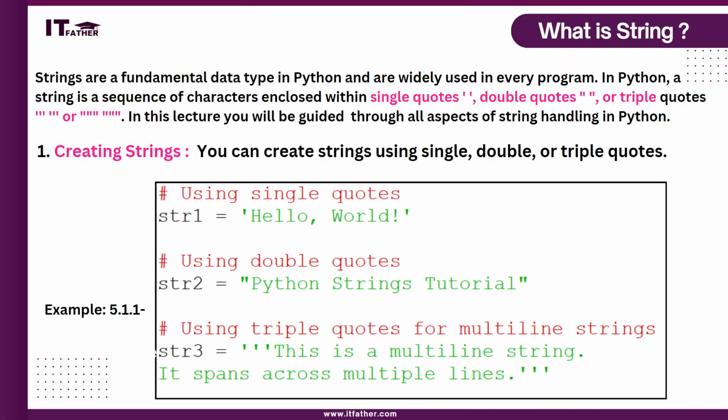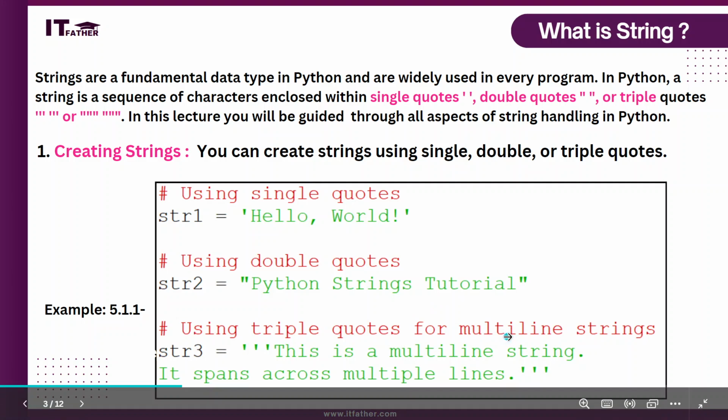First of all, what is a string? In normal language we can say that any set of characters, any combination of characters like normal characters, numeric or special characters, which are enclosed in either single quote, double quote or triple quote, can be considered a string. Right? As an example, let us understand.